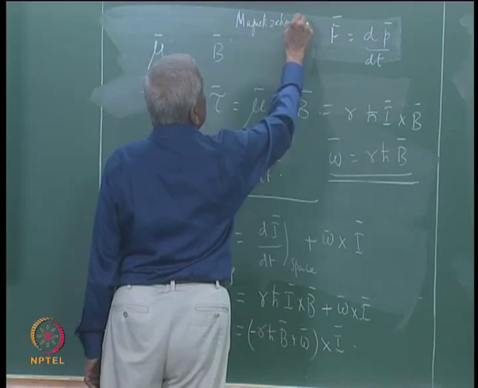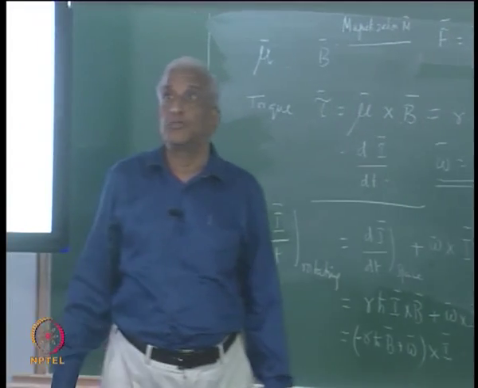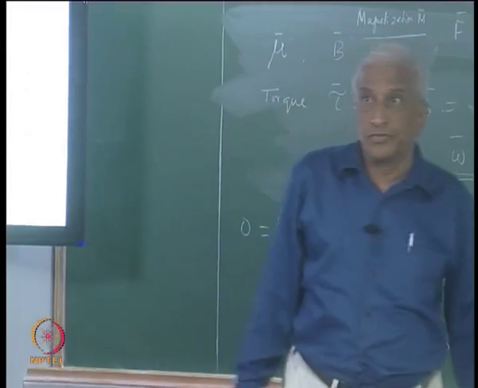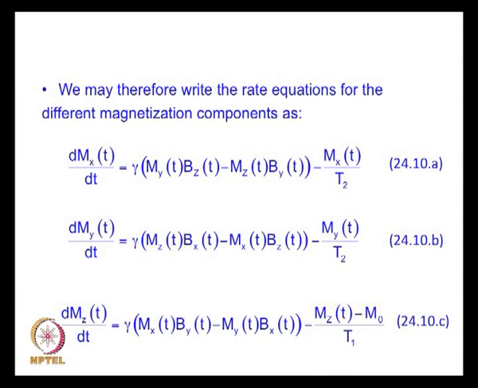It is the case of the magnetization vector, which is the resultant of all the spins, that has to be discussed. So, it is the precession of the magnetization vector, and this precesses at a rate which is determined by the spin lattice relaxation time, etc. Therefore, we can write the time rate of change of the magnetization vector as follows.